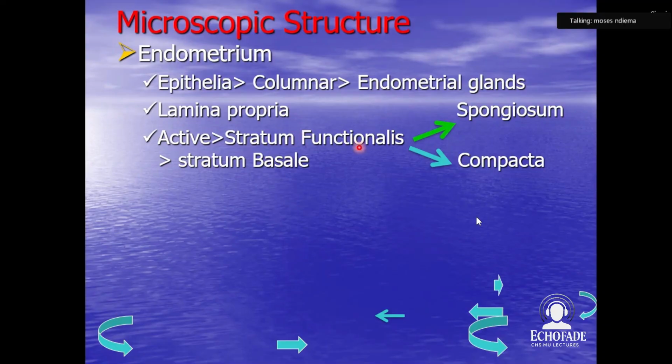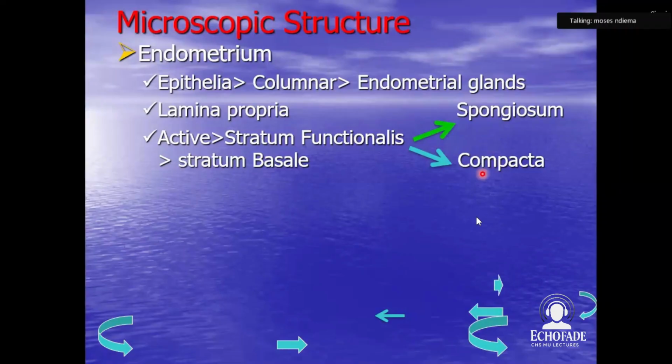At the peak of the endometrial cycle, during the secretory phase of the endometrium, the stratum functionalis can be divided into two parts. The innermost layer is what is called stratum compacta, very close to the lumen. These contain openings of the endometrial glands and also have more connective tissue.